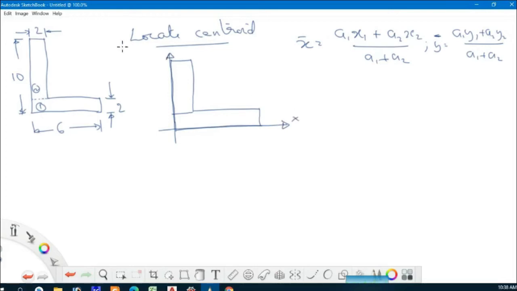This is x, this is y, this is the origin. Okay, so this is the first rectangle. For this we have to find out a1, x1 and y1.